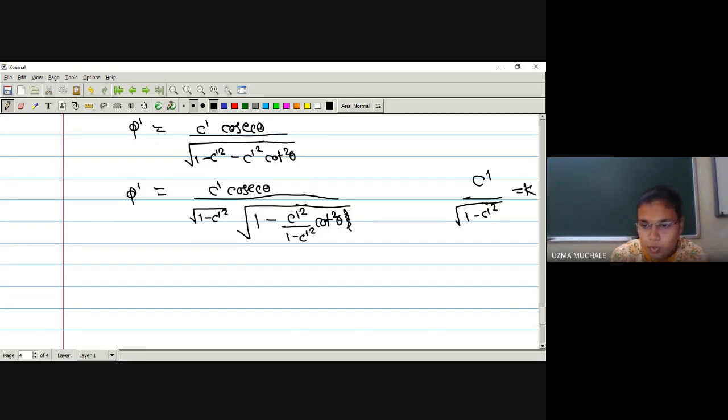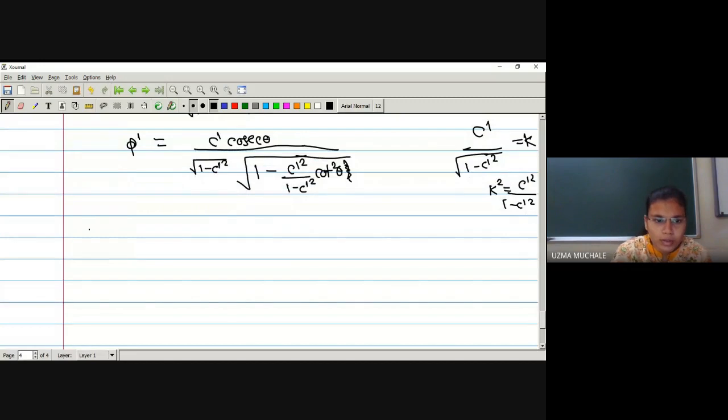If I square this, k square is equal to c dash square upon 1 minus c dash square. Let me write down the value of k here. phi dash is equal to k cosec theta divided by under root of 1 minus k square cot square theta.